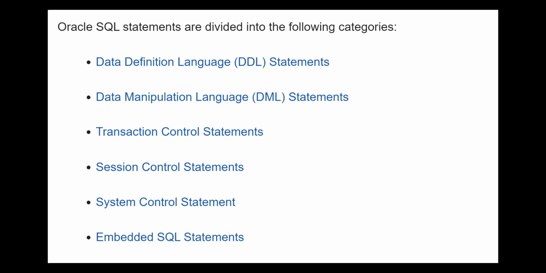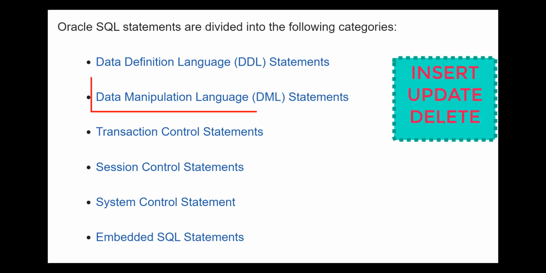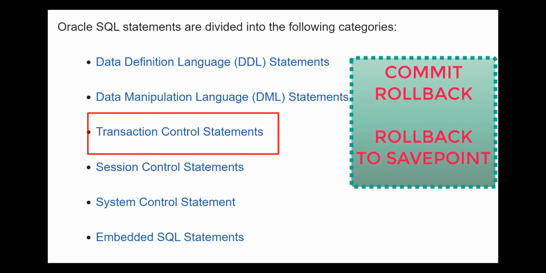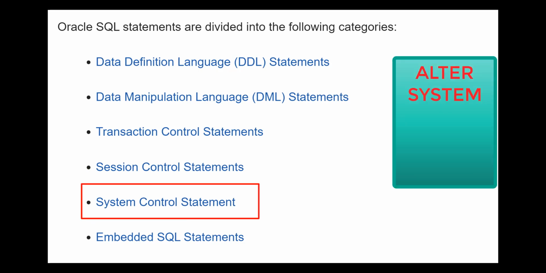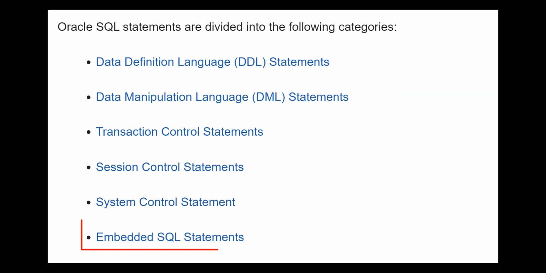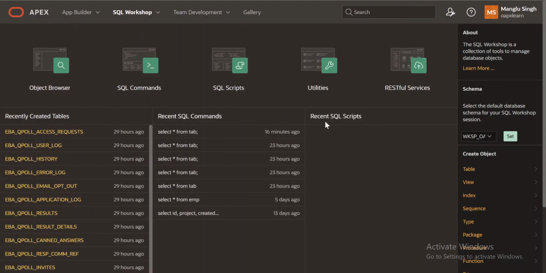These categories are data definition language statements, data manipulation language statements, transaction control statements, session control statements, system control statements, and embedded SQL statements. So let us start with Object Browser.